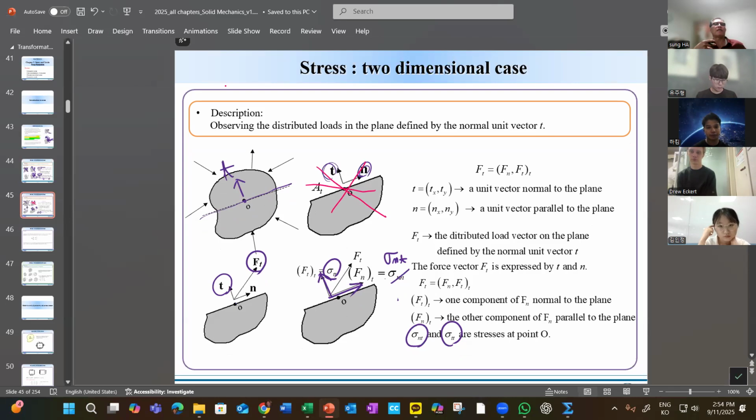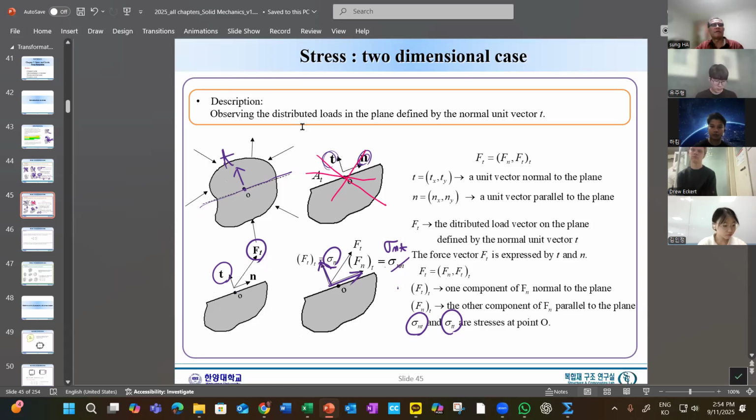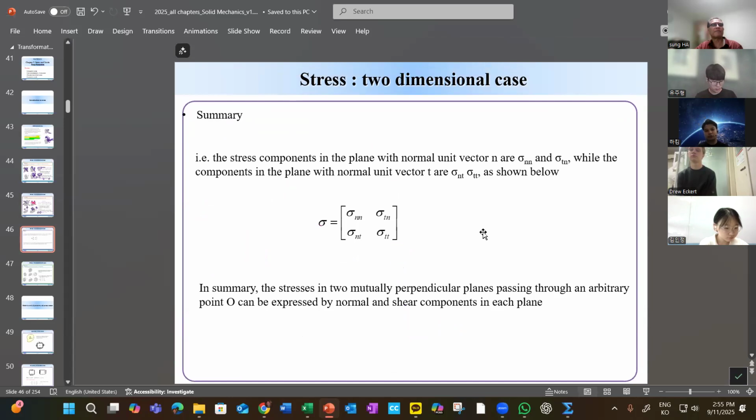And then the story can go very similar to what we have done here: n vector, t vector, and then a component. So again, the n vector and t vector are arbitrary. The point is that the n vector and t vector are perpendicular to each other.